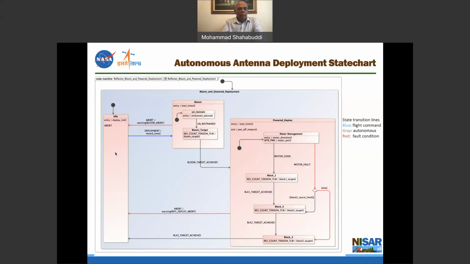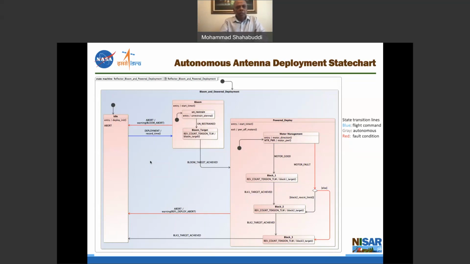They send a flight command for deployment. By the way, the color coding over here is: blue is the ground command or flight command, red is an indication of some kind of fault, and the black or gray transition lines are all autonomous. So in this case, the ground operations team issues a command deployment.